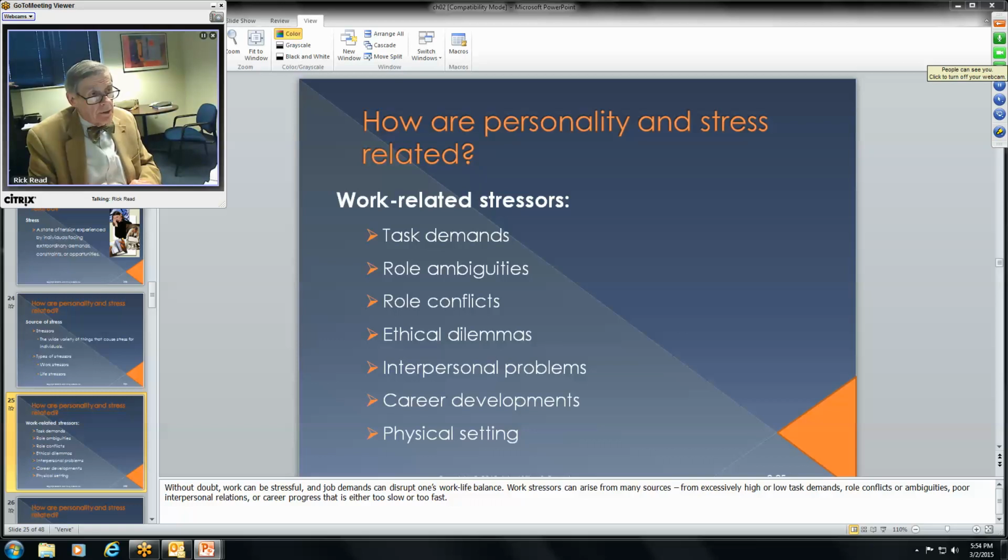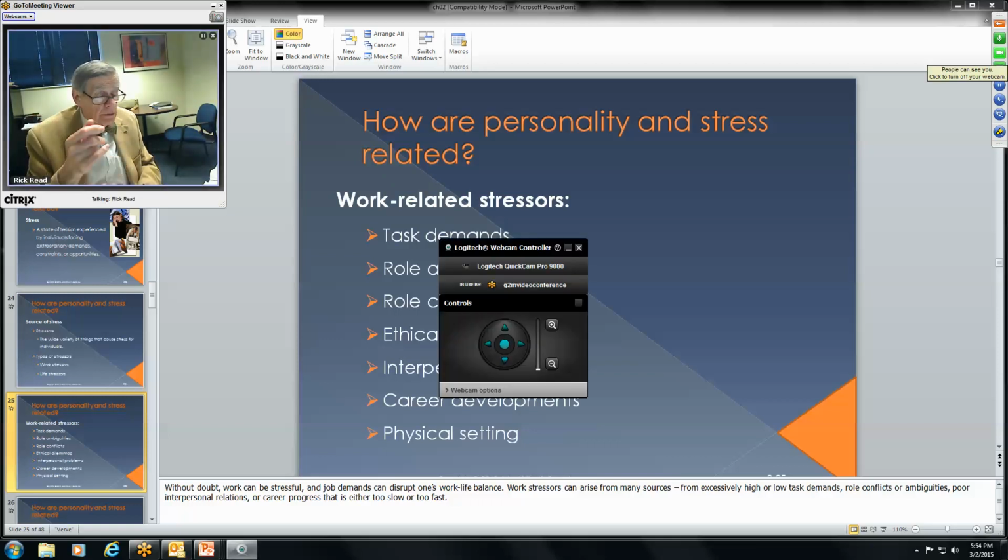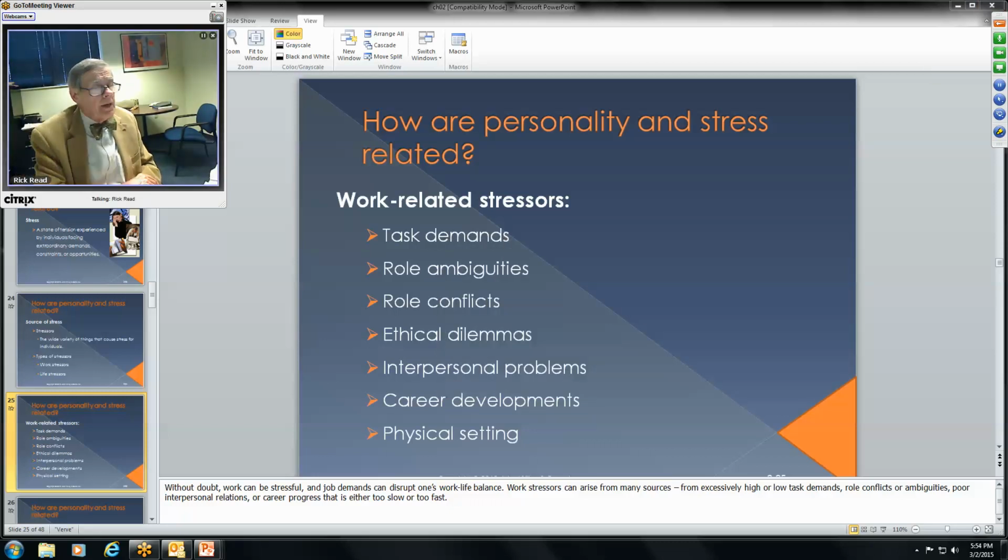And then the next one that comes beneath that is an ethical dilemma. We talked a little bit about ethics before. We're going to talk a lot more about ethics a little bit later. This is something we have to be concerned about. We're going to talk about ethics throughout the course and the ethics of the OB scenarios. And a dilemma is when you have two unsatisfactory choices to make, or you just can't really do what you want to do.